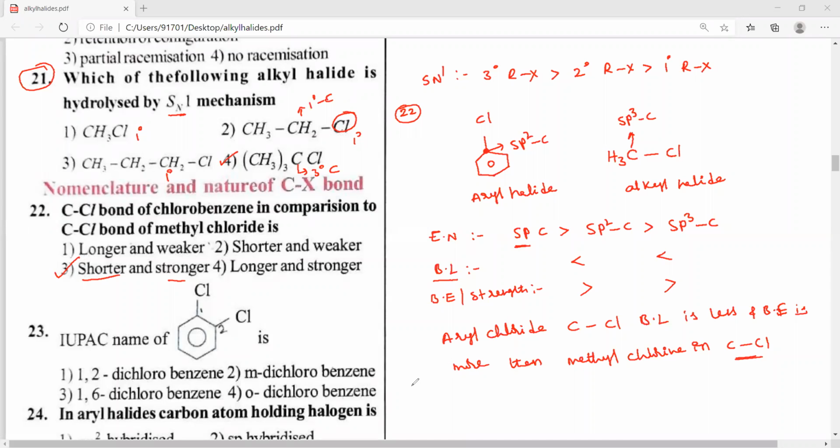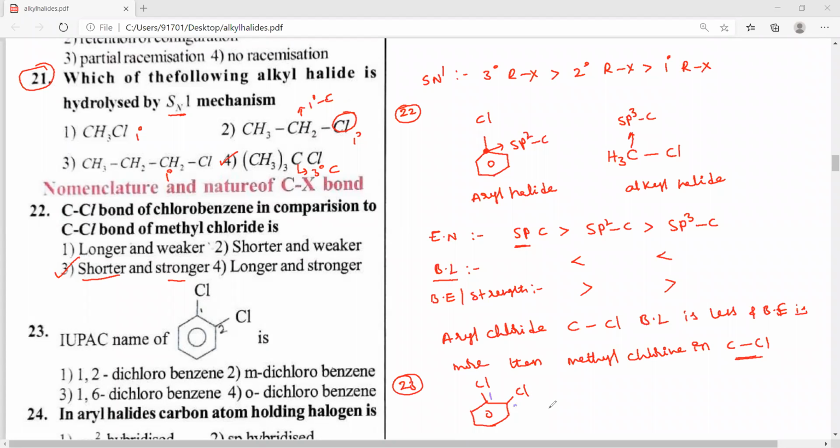Okay, let's go for 23. It is just IUPAC nomenclature. The benzene ring has 2 halogen atoms at adjacent 1-2 positions, commonly called the ortho position. For its IUPAC name, the positions of the halogen atoms are 1 and 2.